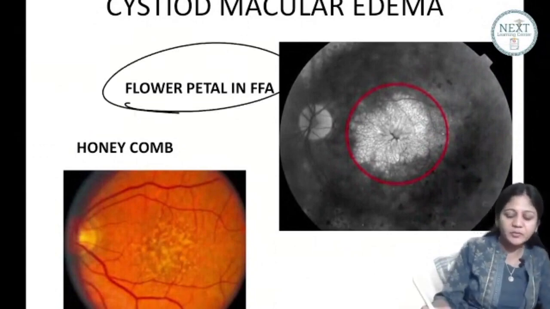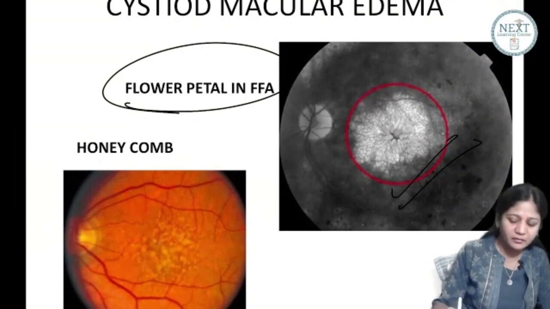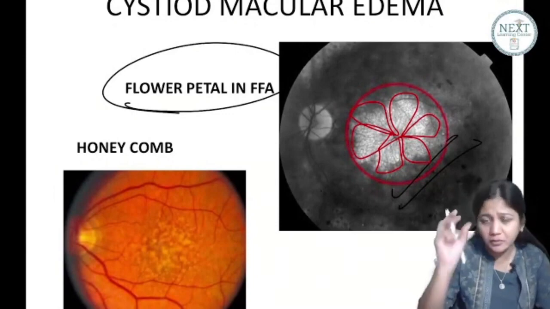This is typically a flower petal appearance in FFA. Can you appreciate there's a flower here? Guys, does it appear to you like a flower? So on FFA, it's a collection of hard exudates.